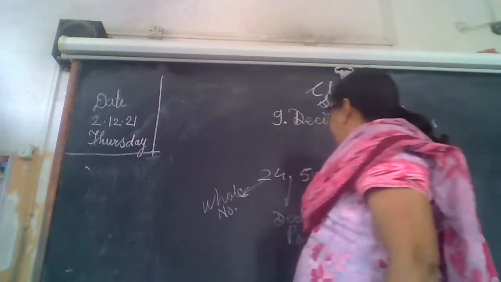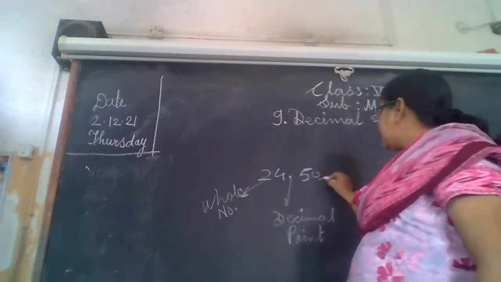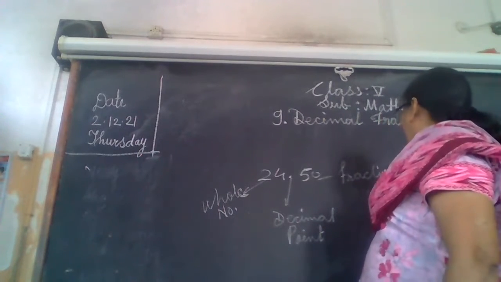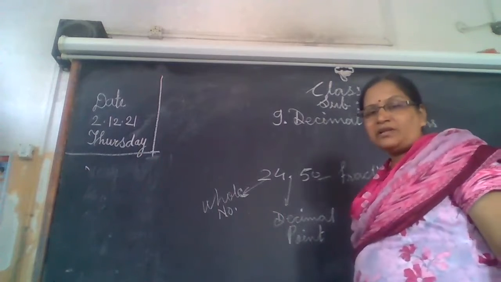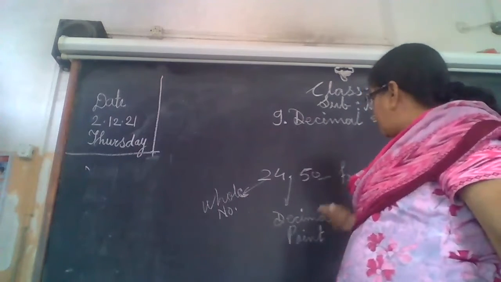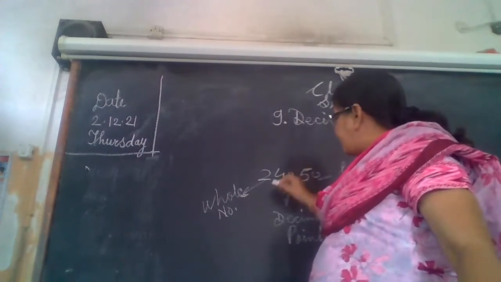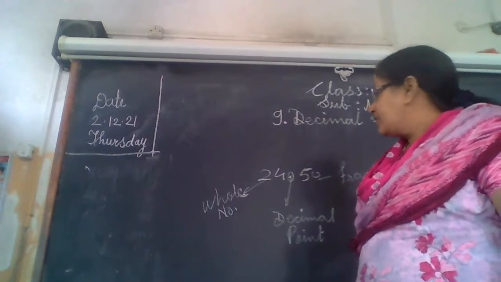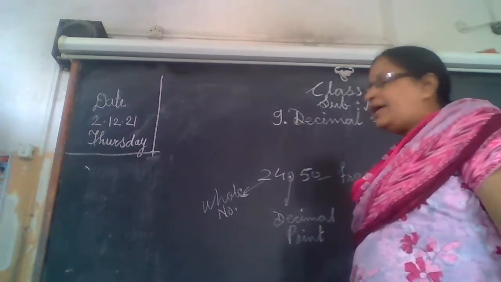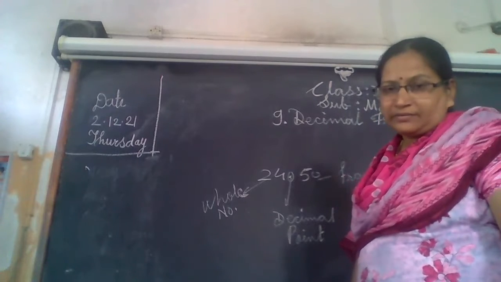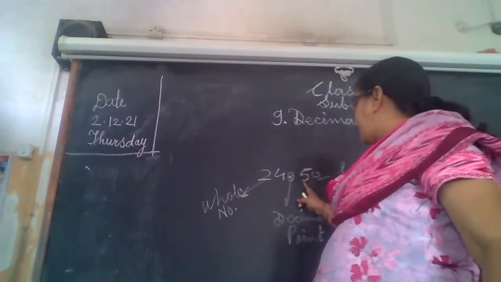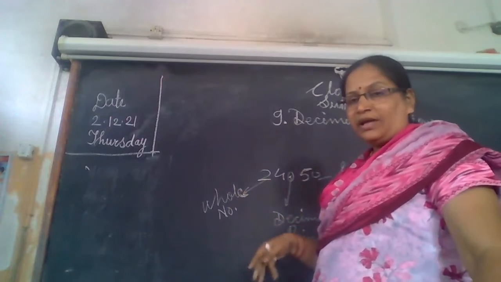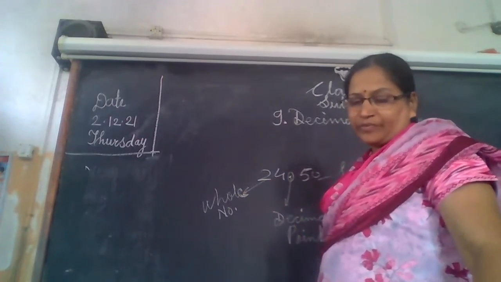And the number after the decimal point is a fraction, or you can say it is a decimal number. So what is this decimal point? It is the separation between the whole number part and the fractional part. Got it? The decimal point divides the number into a whole number and a fraction part.